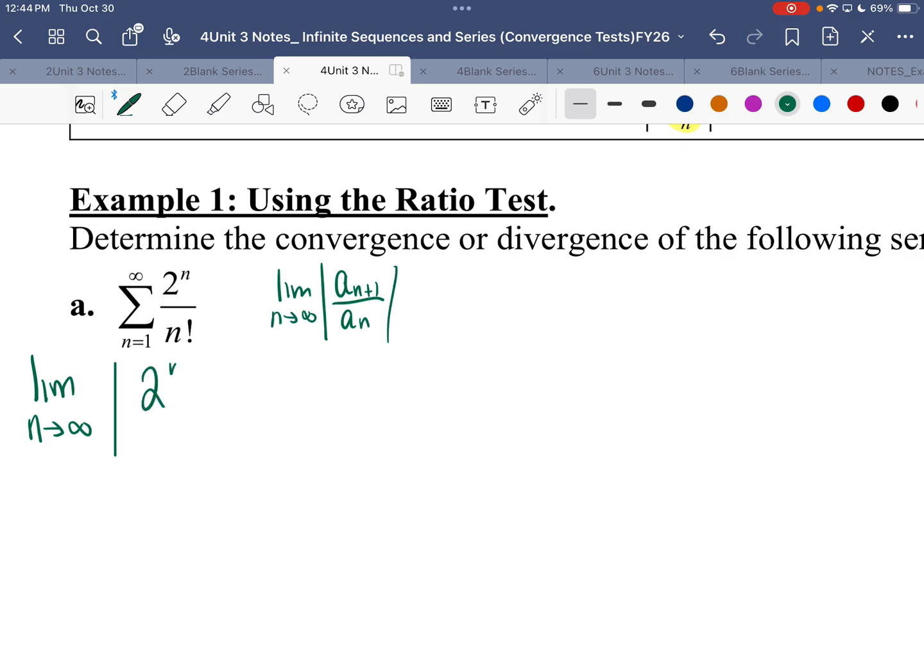Everywhere that there's an n, I'm putting n plus 1. And I divide by the original thing. When I divide by this, what am I actually going to end up doing every time? Multiply by the reciprocal. Oops, I forgot my factorial.